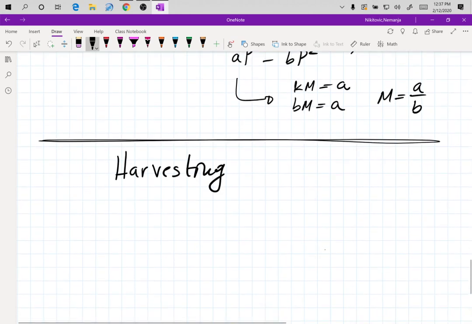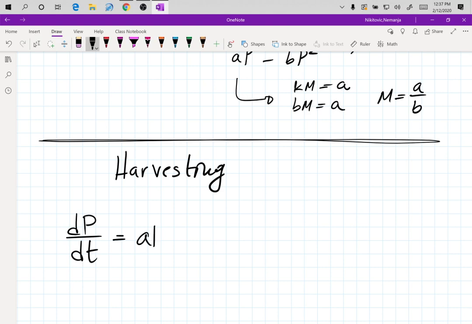So when you have harvesting, we start with some population in time, our good old, they are using X's in the book, I'm switching to P because it's easier to think. So I don't care if you want to think salmon or apples, just go with that. So we have our AP minus BP squared, and now we are going to take away the harvest.